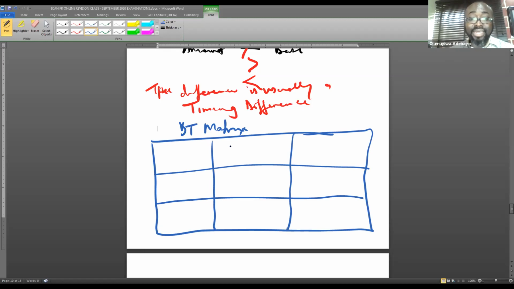Remember we said two things: account for deferred taxes, assets on one side, liability on the other side.